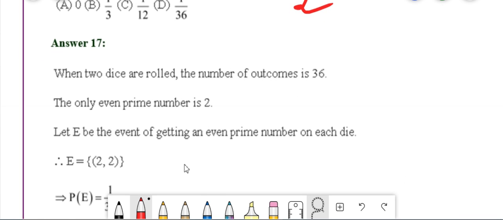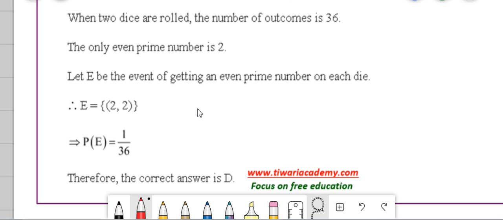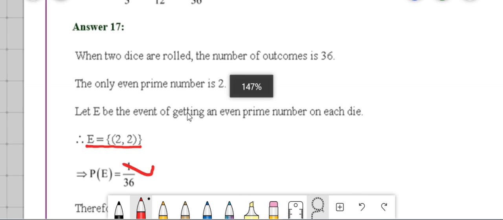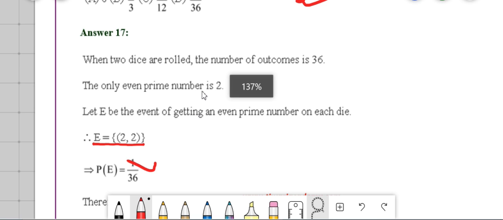If you know this much, then this is the only probability, because on both dice it should be a 2. So the answer is 1 upon 36. Very simple one. This type of question a 10th standard student can also solve. Okay, so here is the end of 13.2. Next time we will discuss the 13.3 exercise.